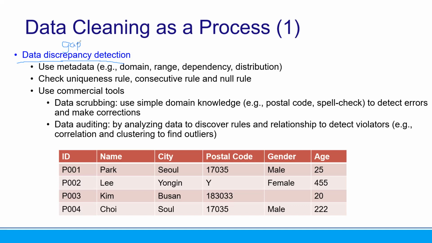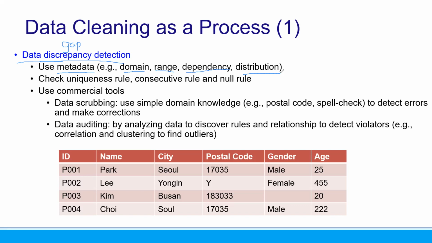There is a gap between one data and the other data. So we can use the metadata. What does it mean? We have the metadata by using some kind of domain, or some range, or some dependency, or some kind of distribution.